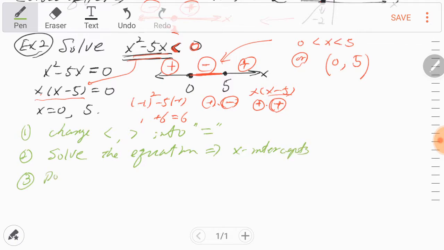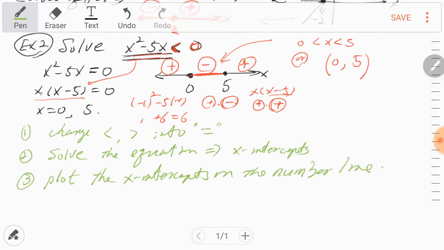And then step 3 is plot the x-intercepts on the number line x. Alright, then what do we do?